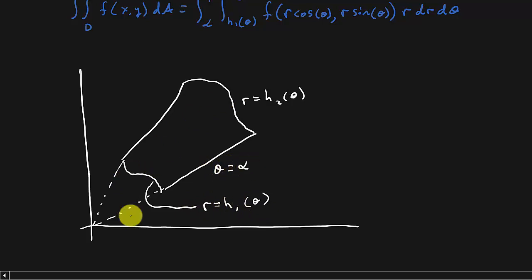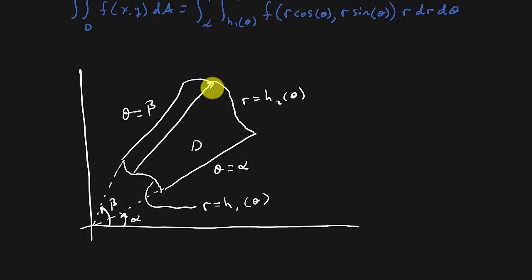And here we've got theta equals alpha, and here we've got beta, so this is theta equals beta. And this is your region D, and we're integrating here. All right, so that's what you're looking at.